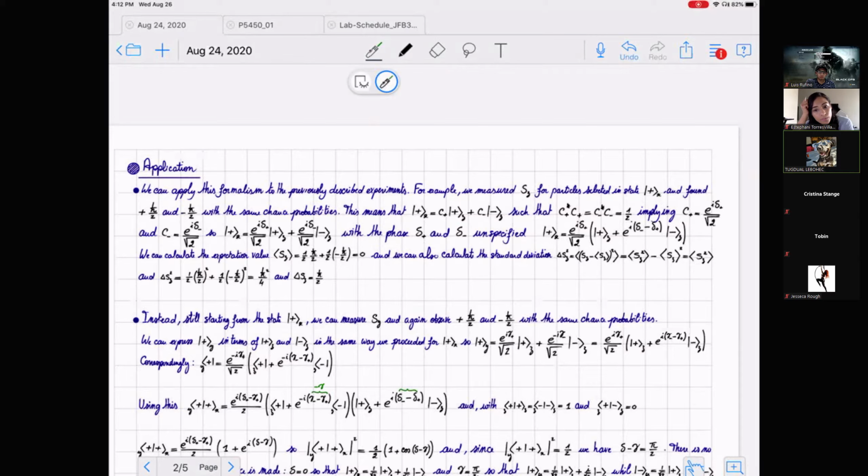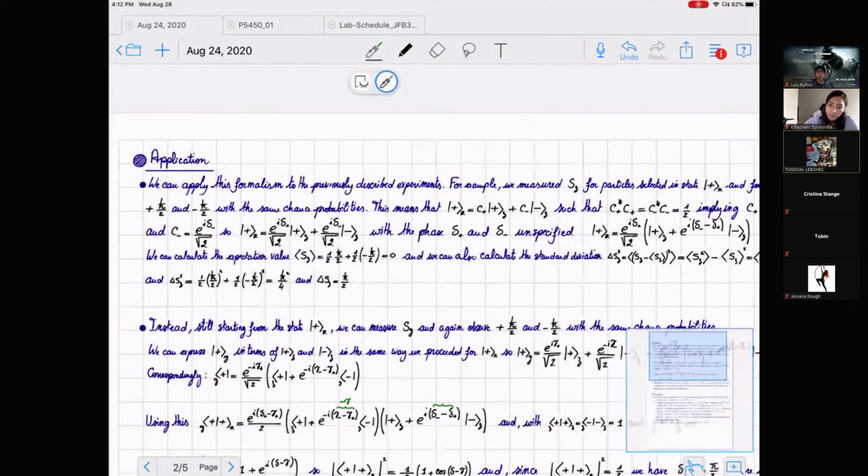Okay, so that tells us that C plus star C plus, as well as C minus star C minus, are equal to 1/2. Now, that means that C plus, just by itself, is equal to 1 over square root of 2, which is the square root of 1 over 2, multiplied by some phase factor exponential i delta sub plus. And the same thing for C minus.